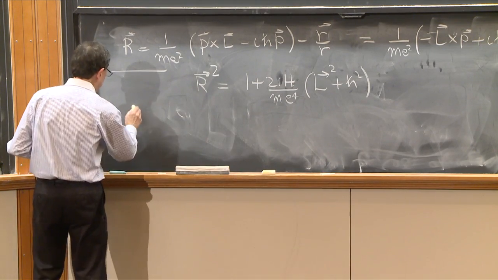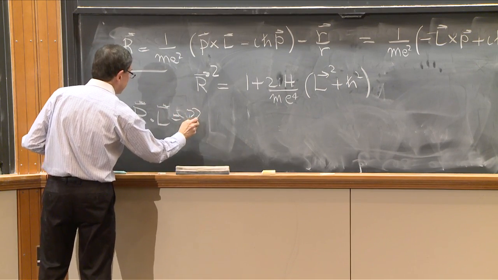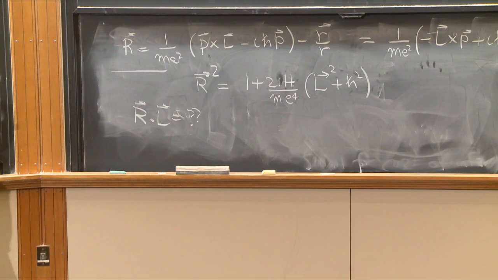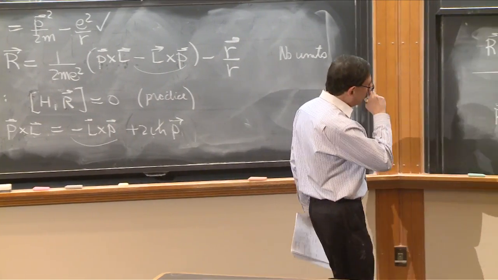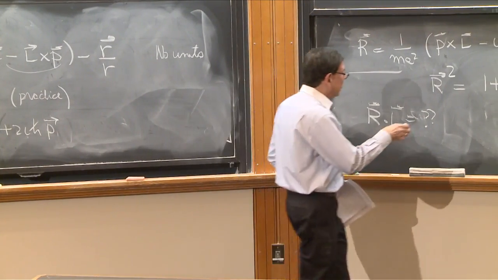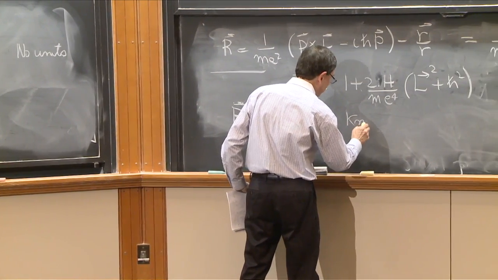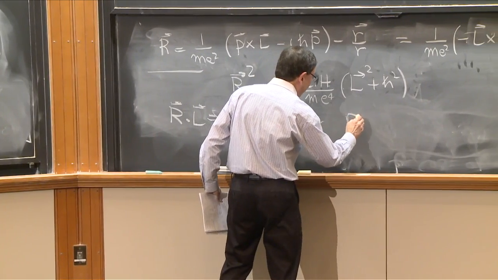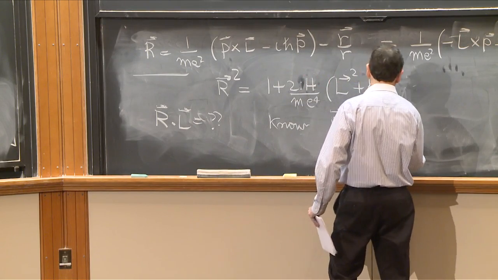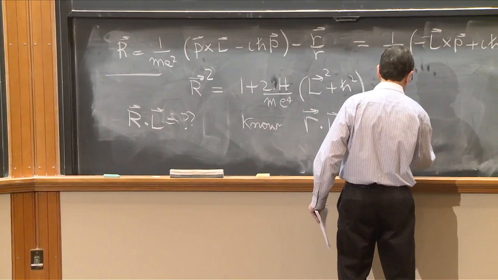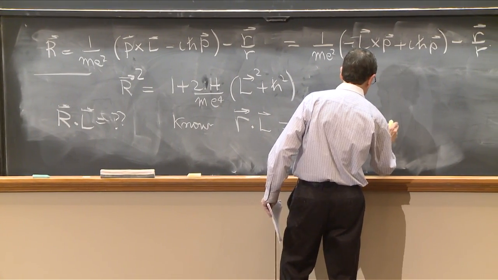So, R dot L, what is it? Well, a few things that are important to note are that you did show before that little r dot L is 0, and little p dot L is 0.